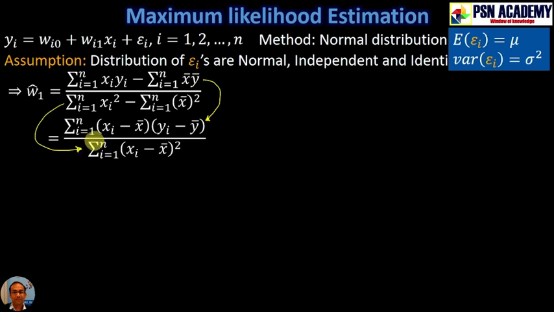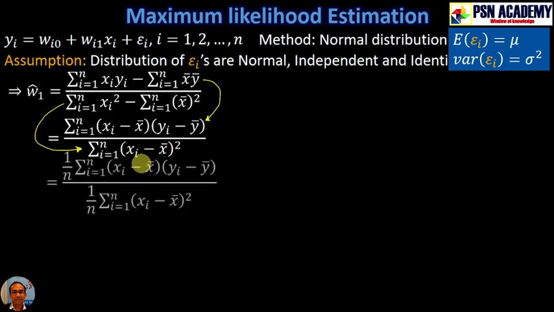Now we have to go for some deduction from where we have got this expression. So I will show you shortly, but before that, let us finish up this. Now we push 1 by n on the upper part as well as on the lower part, right?